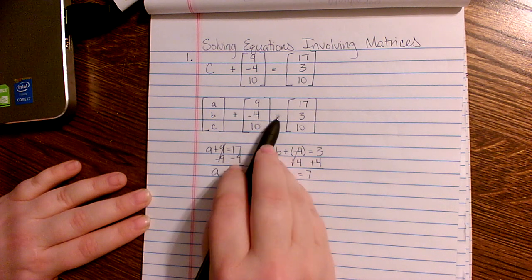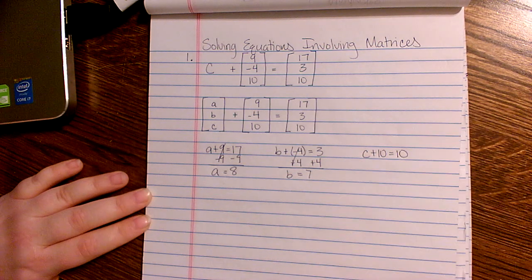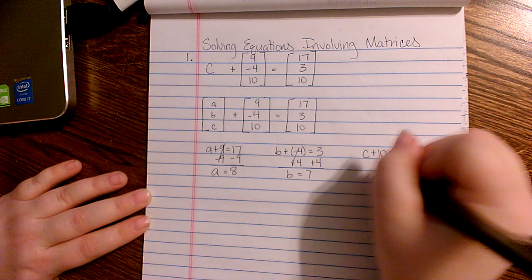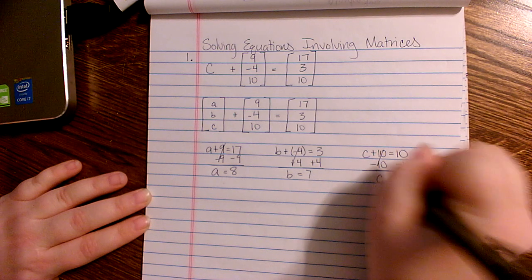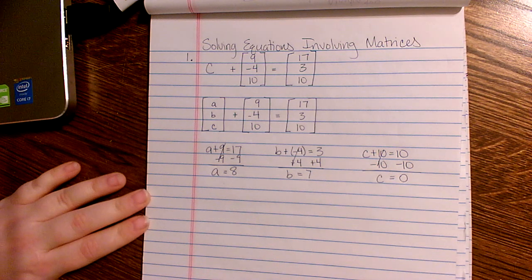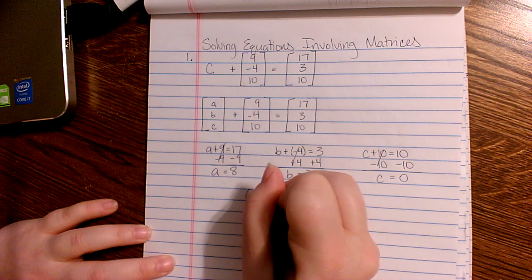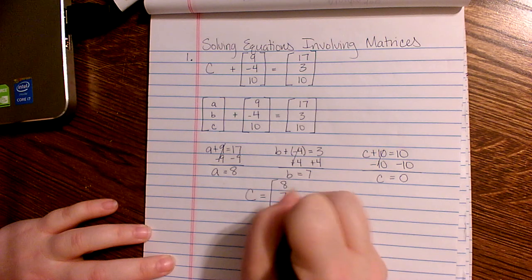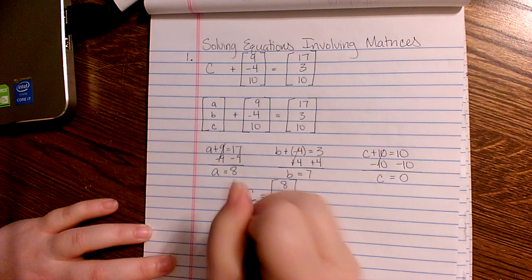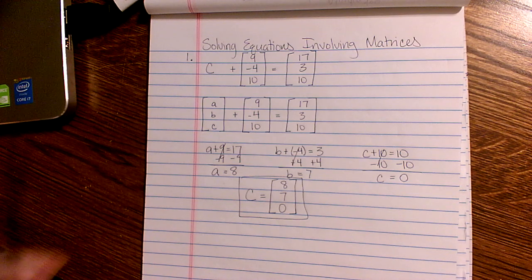C plus 10 equals 10. So if we solve this one for C, we get that C equals 0. So the final answer, matrix C, is going to equal the matrix 8, 7, 0. And so this is the final answer for this first example.